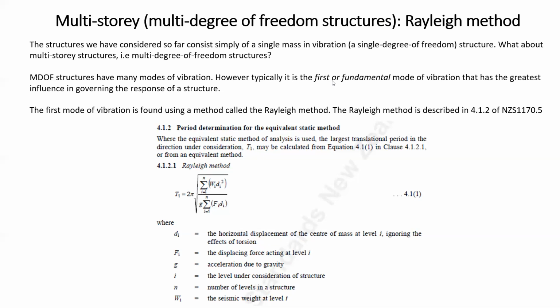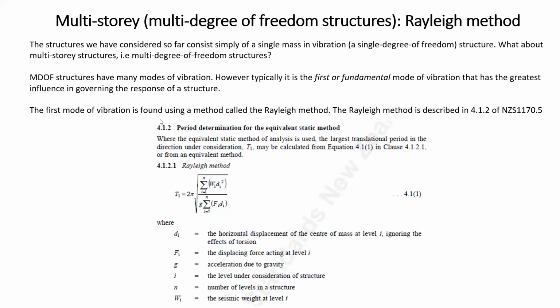However, typically it is the first or fundamental mode of vibration that has the greatest influence in governing the response of a structure. Even though we've got higher modes, often we can rely on just that first mode, because that's the one that has the most influence in governing the response of the structure.